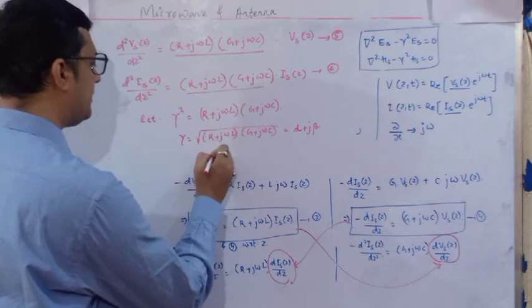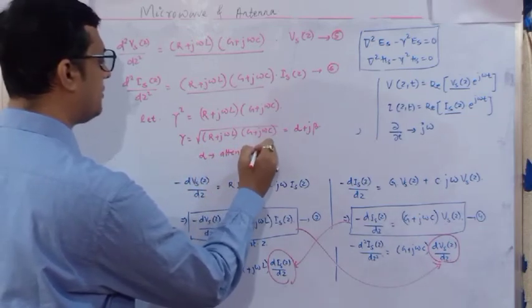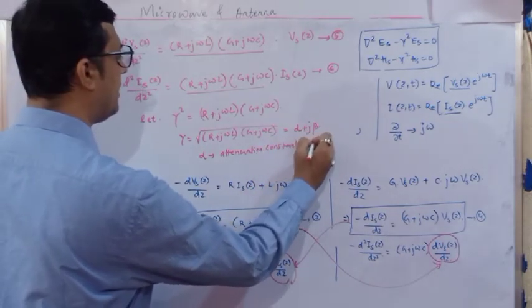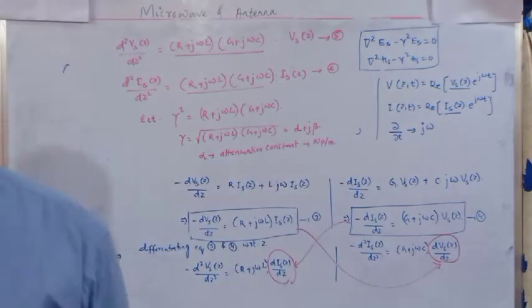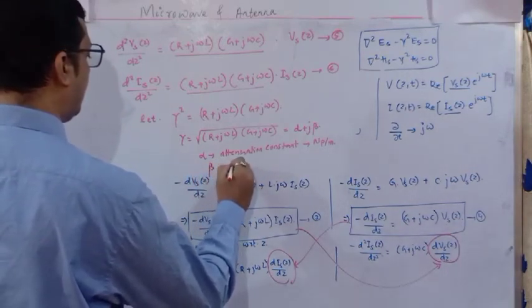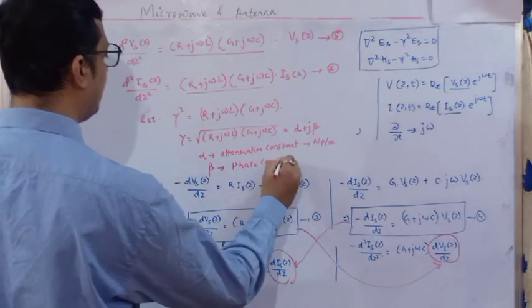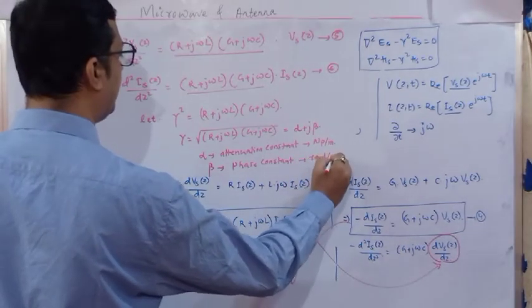This real part is called the attenuation constant, whose unit is Neper per meter, and beta is the phase constant, whose unit is radian per meter.